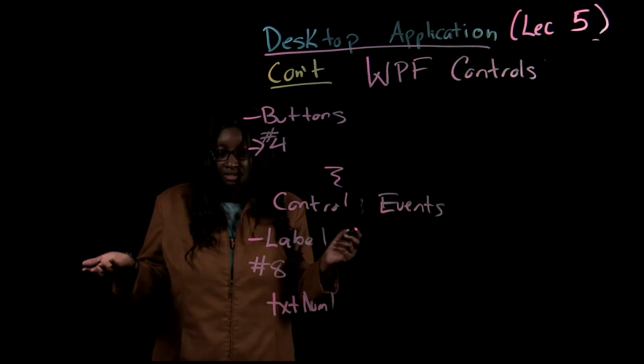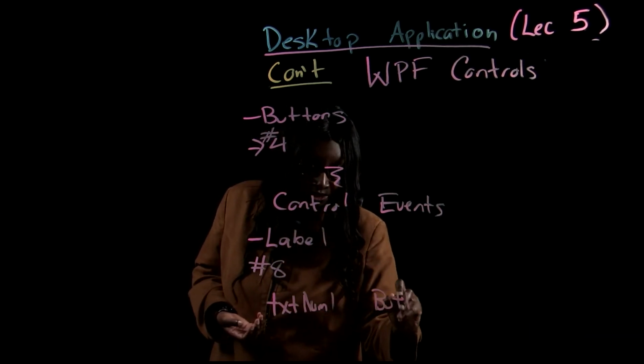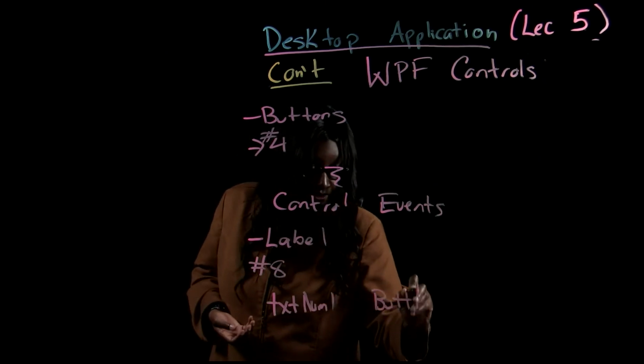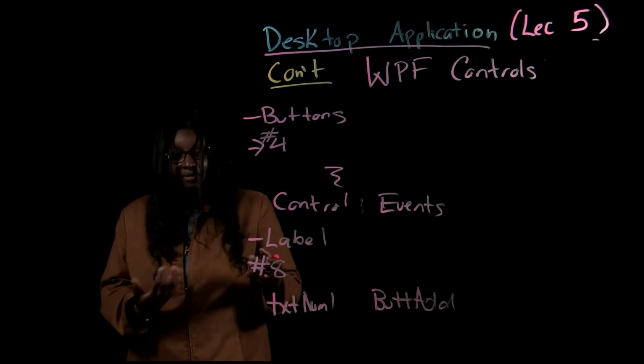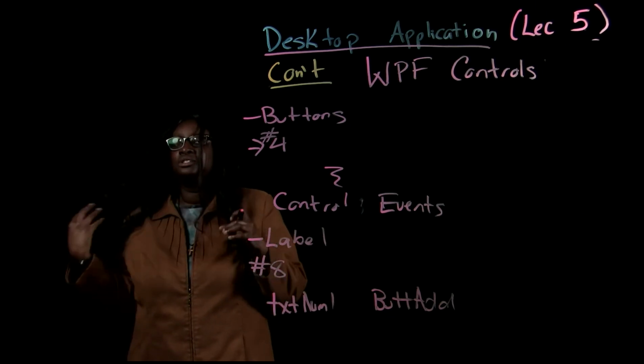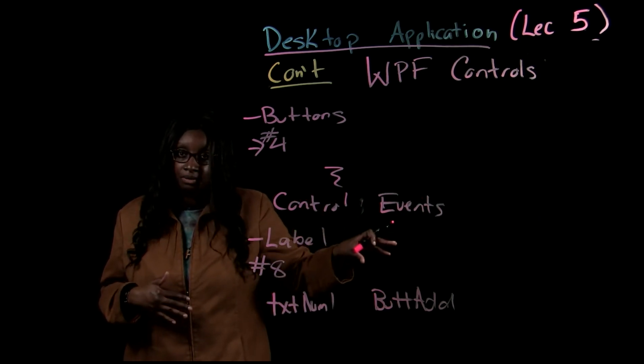For the buttons, maybe you want to use buttAdd, and so on and so forth. Basically, you want to give everything some meaningful name, and you can do the name change either in the XML code below or using the properties window.